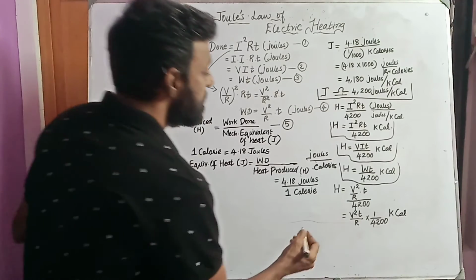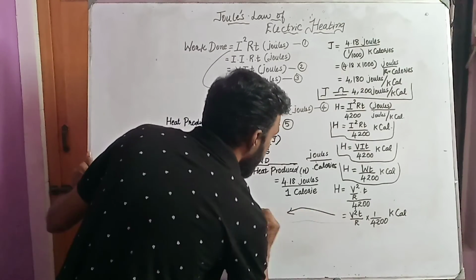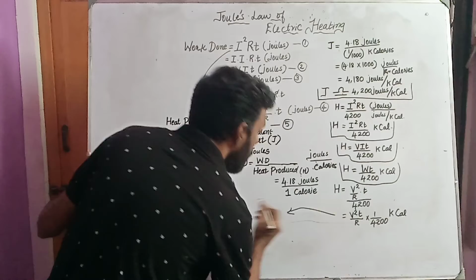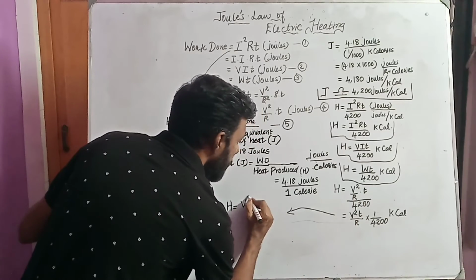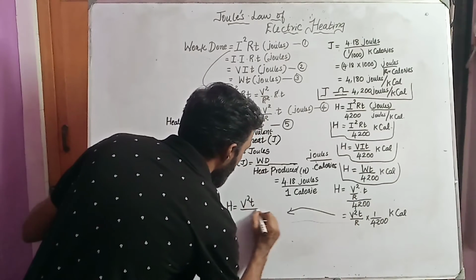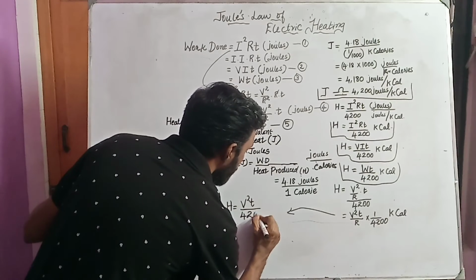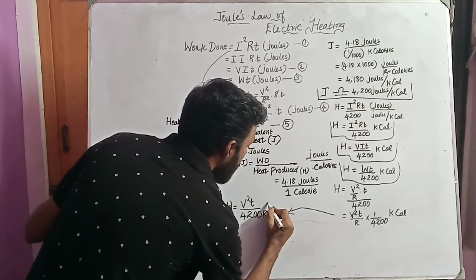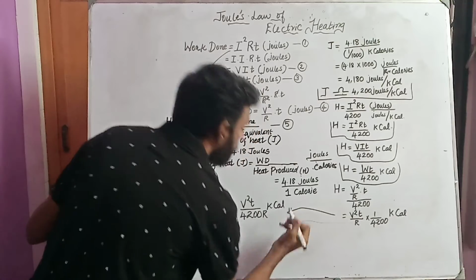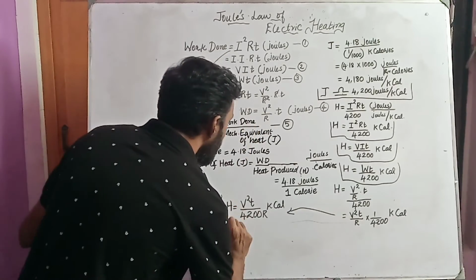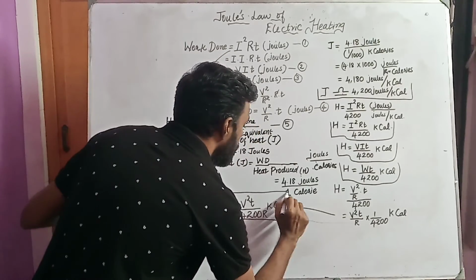Or you can just write this as H equal to V squared T divided by 4200 R kilocalories. So this will be the value of the heat produced.